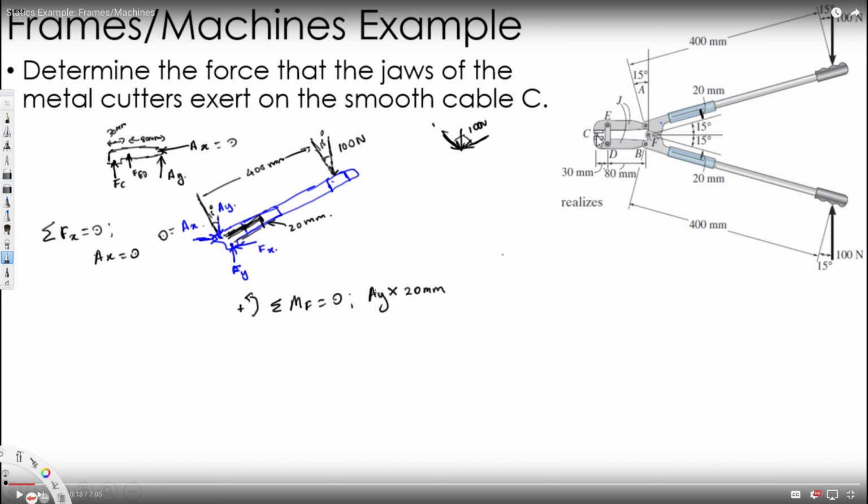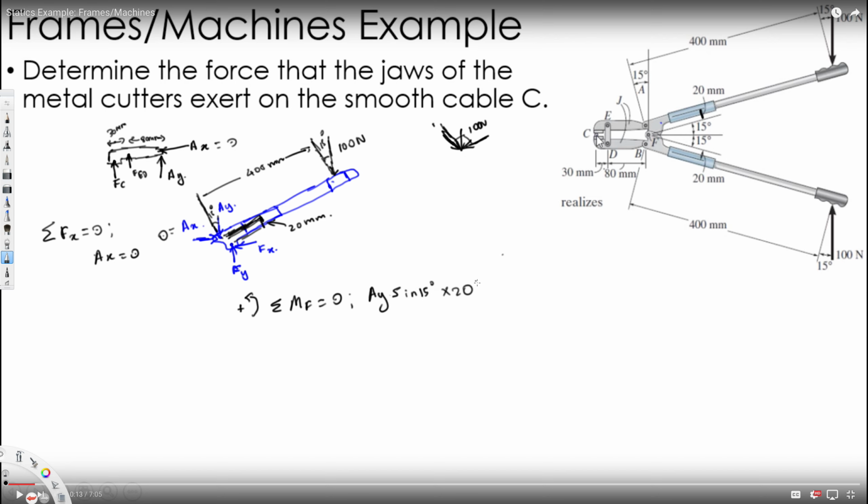So it's going to be Ay sine 15 times 20, equal to this moment, and this 100 Newton is going to make two different moments. It's going to have both of them because it has a horizontal distance and a vertical distance.